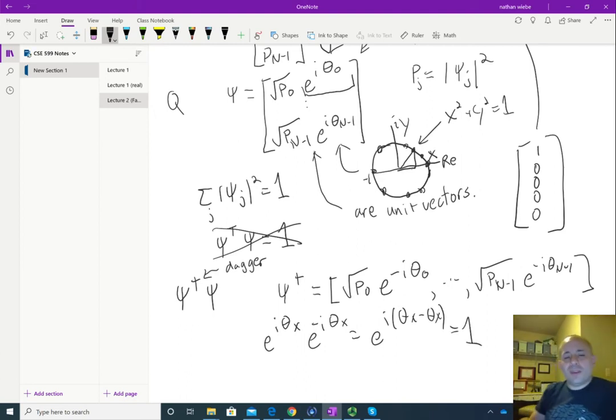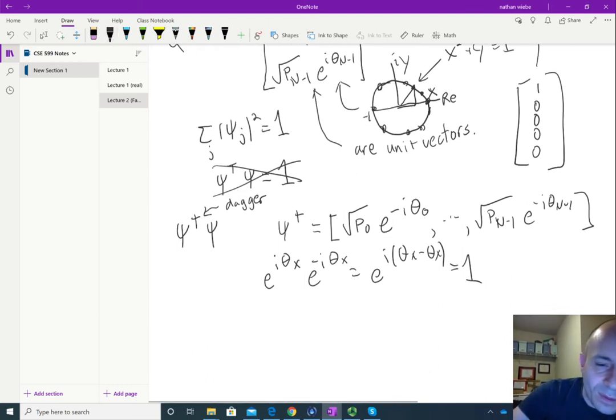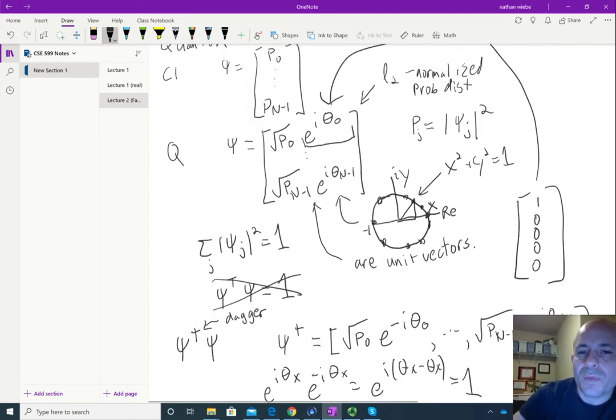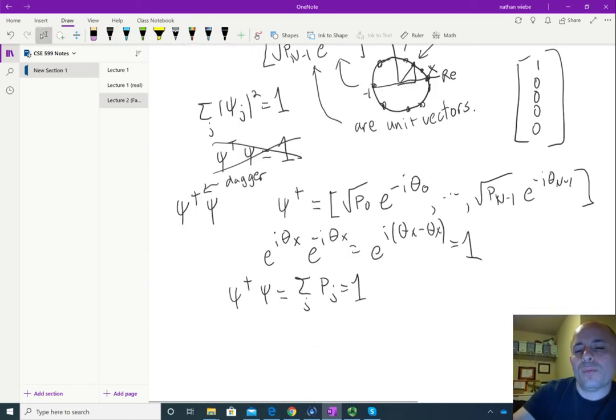So when we take this inner product over here, you note that the complex phases that we end up getting cancel. And we end up getting that psi conjugate transpose psi is then just equal to the sum over j of pj, which is equal to 1. Okay, cool.